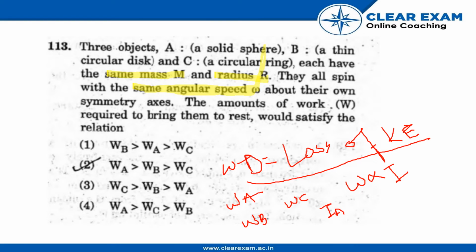IA for the solid sphere is equal to 2 by 5 mr square. IB for the thin circular disc will be 1 by 2 mr square.